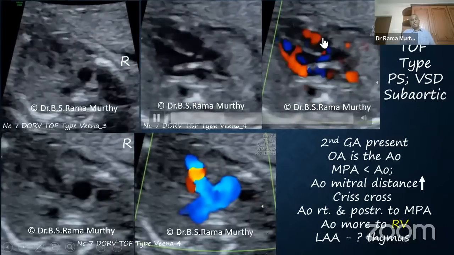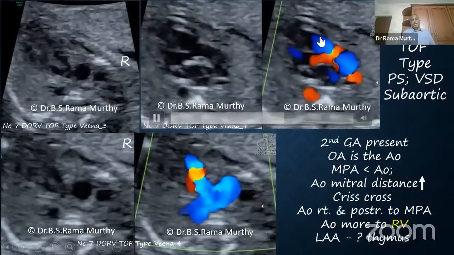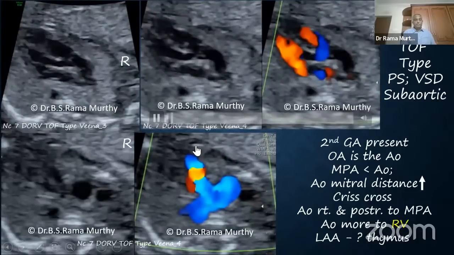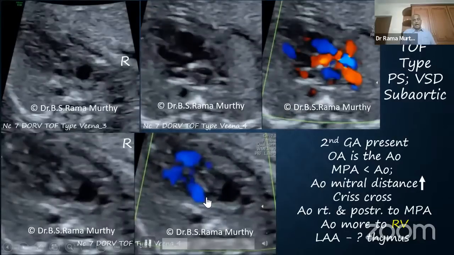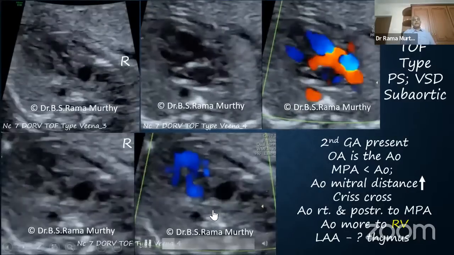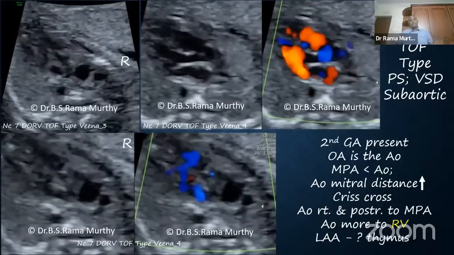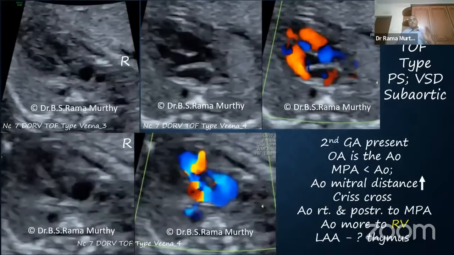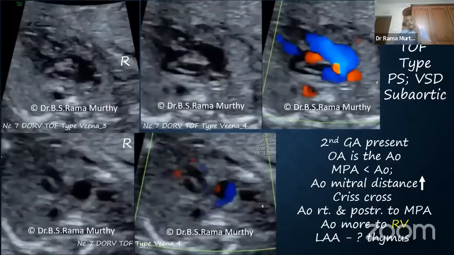You turn the color Doppler on, you find that both ventricles are pumping blood into the aorta. And of course, when you look at the pulmonary artery, the pulmonary artery is taking blood in the right direction. It is blue, and therefore it's not pulmonary atresia. Therefore, this is a DORV of TOF type, right?